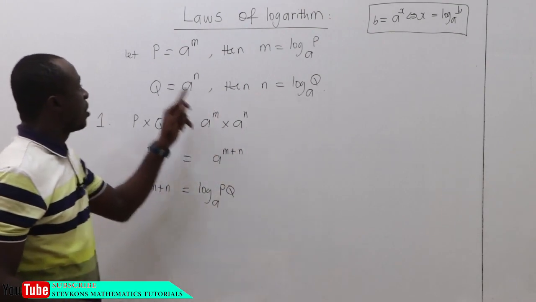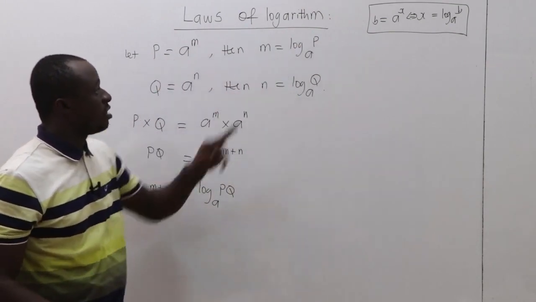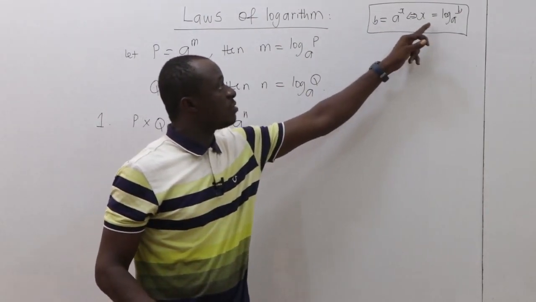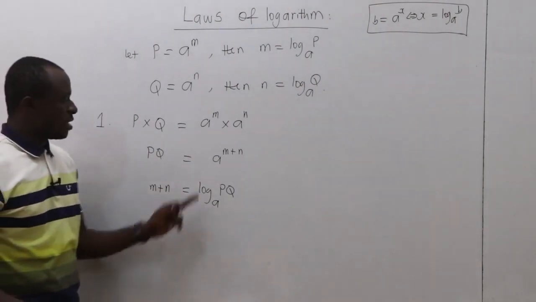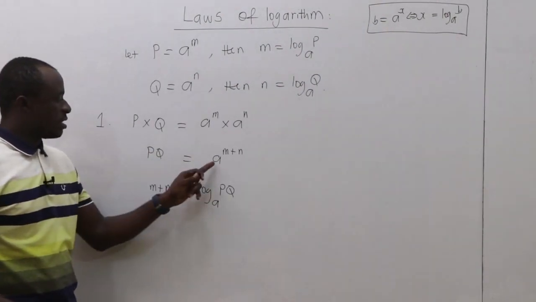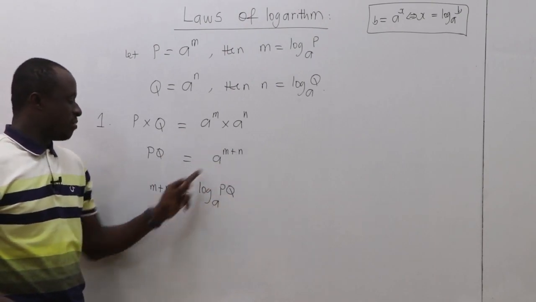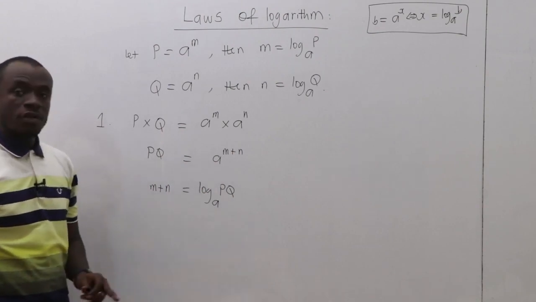That is, if we have p equal to a to the power m, then we can say m is equal to log a p. And here, if you have b equal to a to the power x, clearly x is equal to log a of b. Hence, if you have pq equal to a to the power m plus n, then the logarithm, m plus n, is equal to log to the base a of pq.